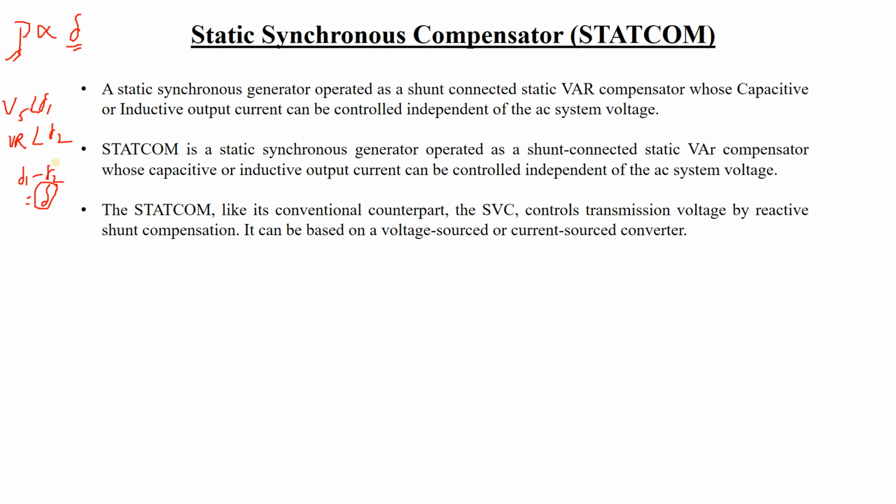Delta 1 minus delta 2 gives the power angle. If the power angle is more, active power transmission will be more. But Q, reactive power, is coupled with voltage. If the reactive power demand is not satisfied, the voltage will collapse.